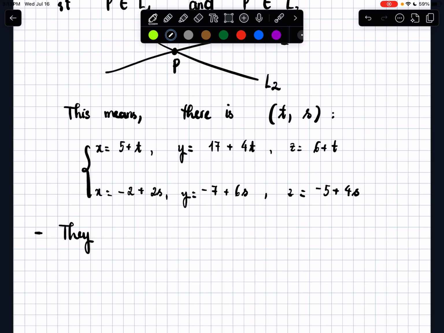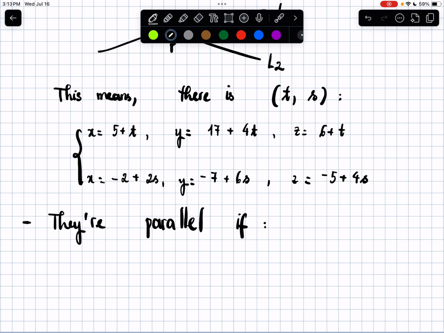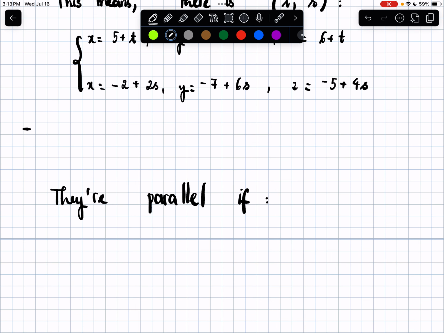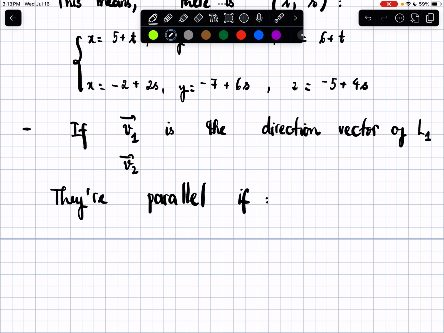They are parallel if, let's say, V1 is the direction vector of line 1 and V2 is the direction vector of line 2, and V1 is parallel to V2. So the direction vectors are parallel.